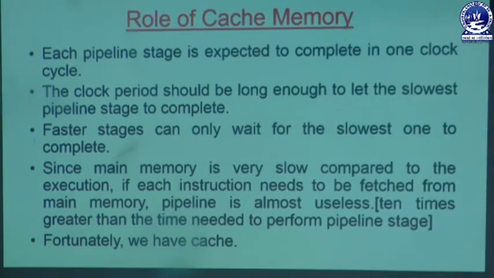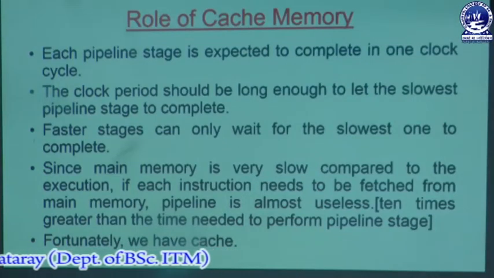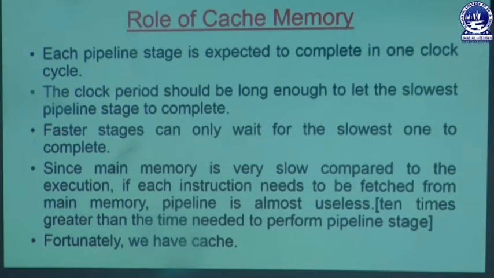Okay. Then, since main memory is very slow compared to the execution, if each instruction needs to be fetched from main memory, then the pipeline is almost useless. In this type of situation, if we use the main memory, and we know that main memory is large in size, then when we want to access any instruction, or fetch the instruction from the main memory, it may need much more time as compared to the cache memory.